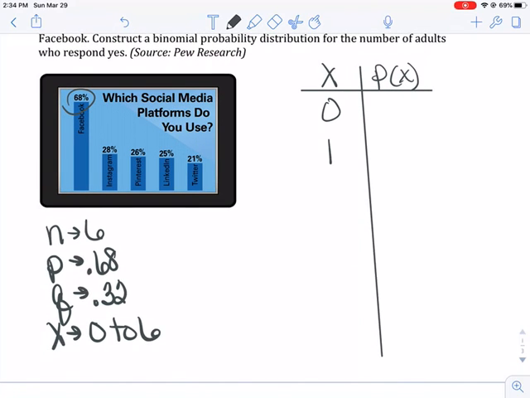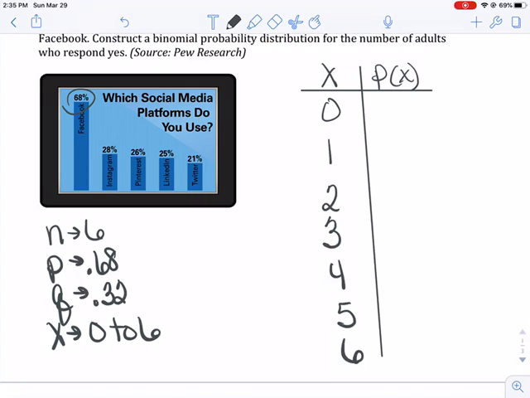We're going to go from 0 to 6, and then we're going to find the probability of each one of these. Now, you have a choice on how you want to get there. You can either use the formula, you can use your calculator, or you can use the website. Again, your choice.